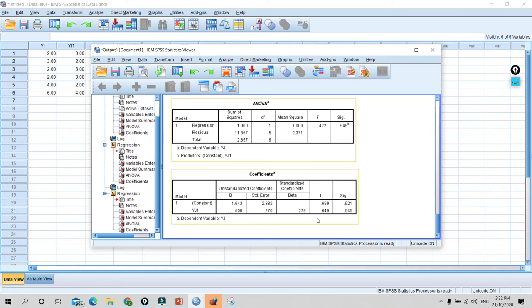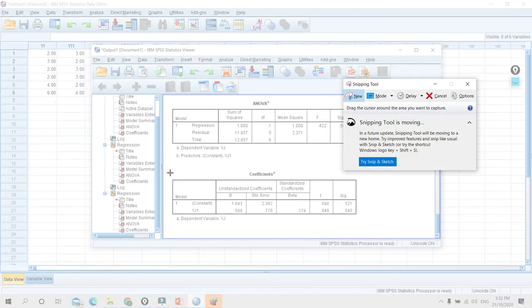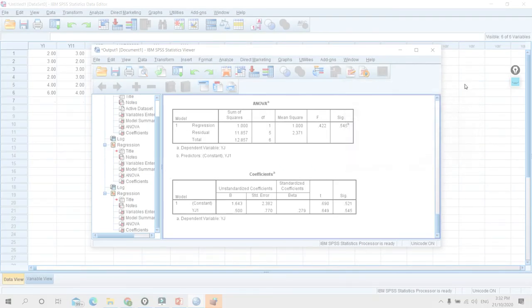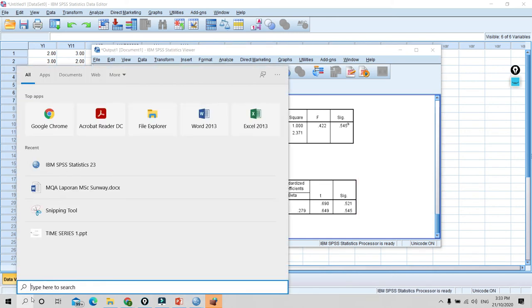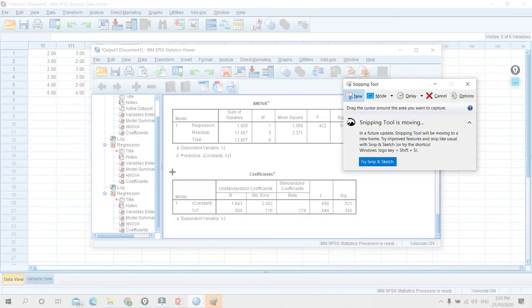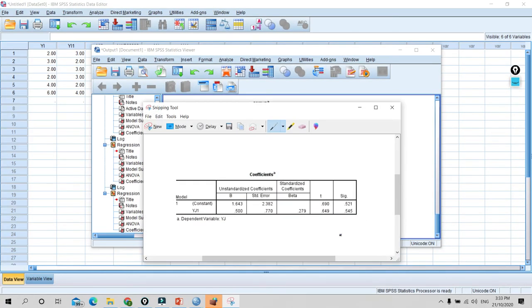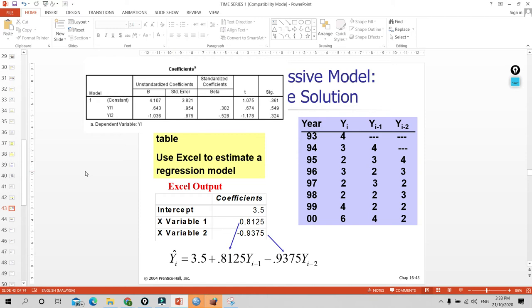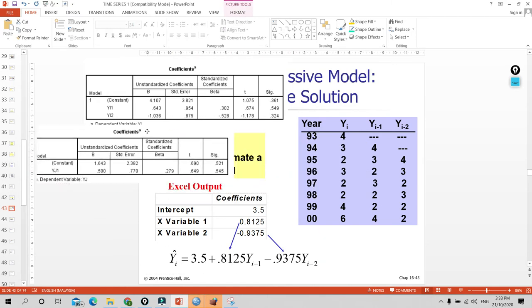So just copy this one and put it here. Now these are the coefficients we want to find.